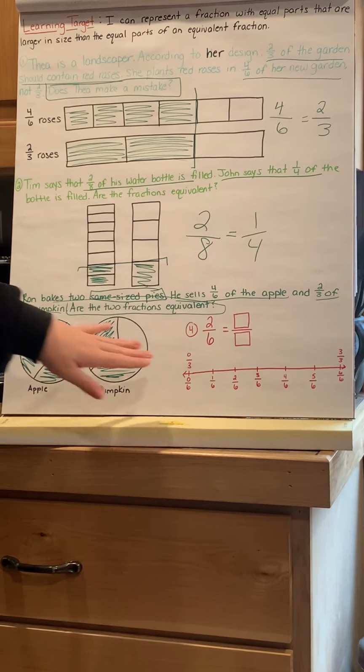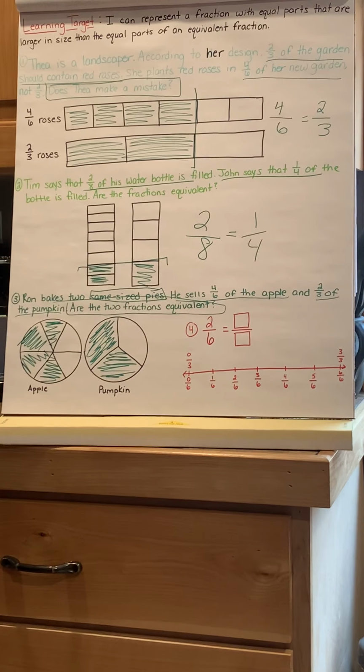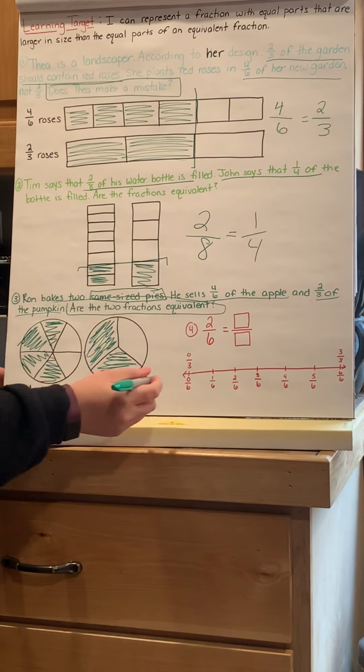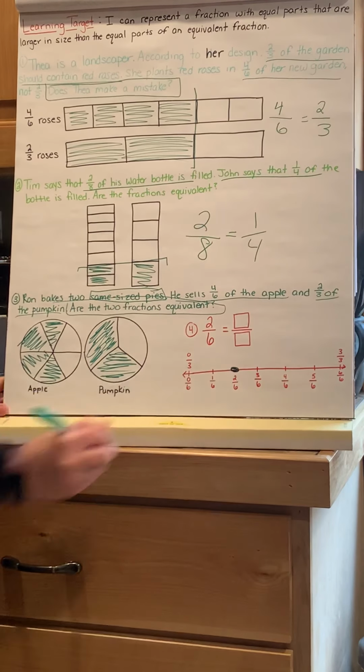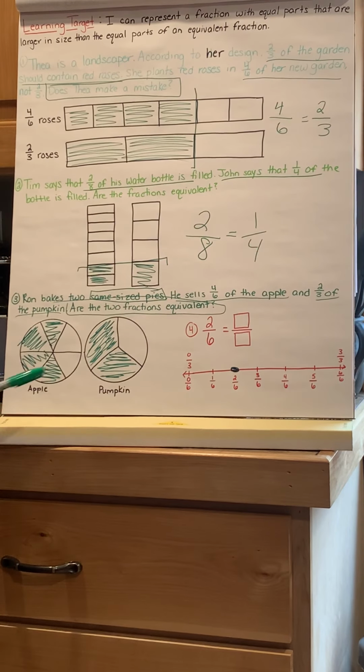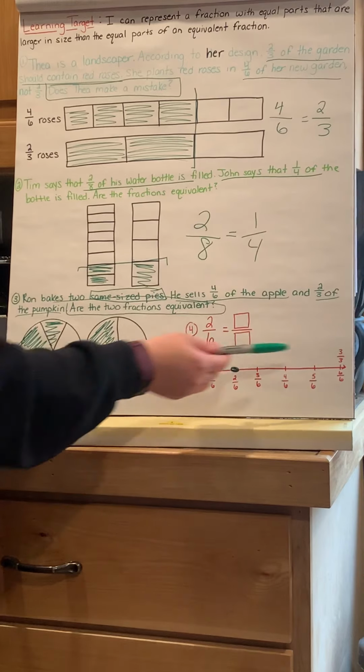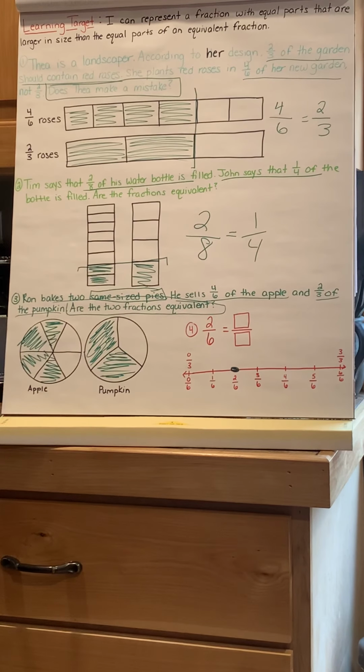Then, number 4. We're going to use a number line. They want to know what fraction is equivalent to 2/6. So here's our 2/6 right there. And they show me up here that I'm working in thirds, which means my fraction has to be broken into thirds.